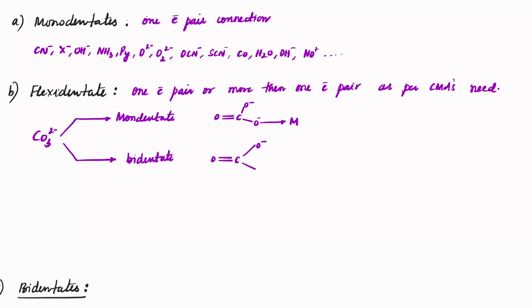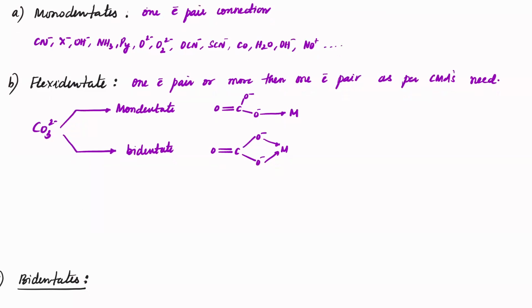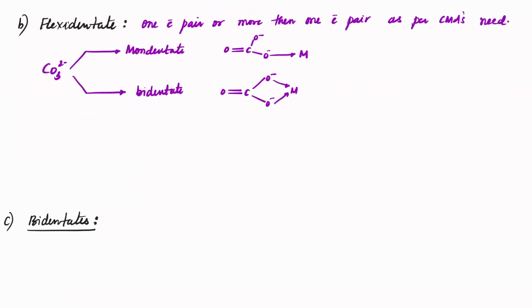But this time the metal is expecting that there should be two bonds donating from here. So in some cases it is acting like a monodentate, in some cases like a bidentate. These situations are usually observed when the oxides are strongly resonance stabilized.